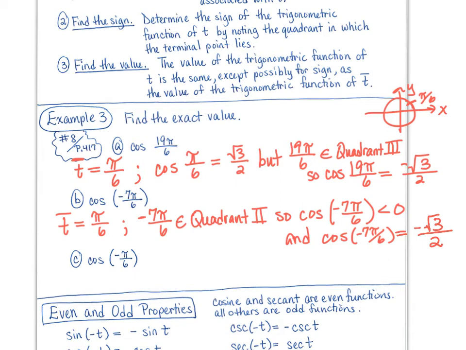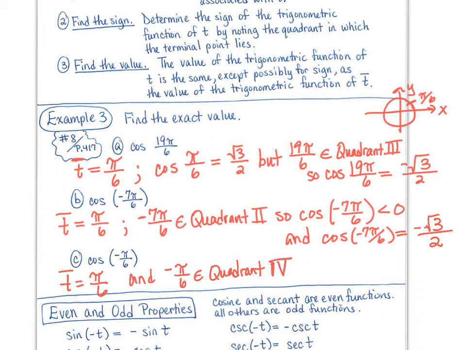Cosine of negative pi over 6. Reference angle. Pi over 6, good. So t bar is equal to pi over 6. Negative pi over 6 is in what quadrant? I can't hear you, I'm sorry. Say that again? Quadrant 4. Yes, good.